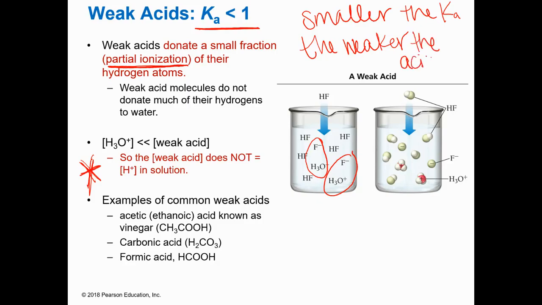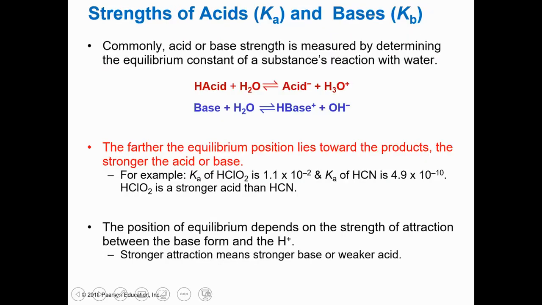We'll look at that in a minute, but this is super important. Okay, so notice here it's asking about the farther the equilibrium position lies towards the products, the stronger the acid. So here we've got a Ka of 1.1 times 10 to the negative 2, and we've got one of 4.9 times 10 to the negative 10. This one is a larger Ka, so this one is stronger.